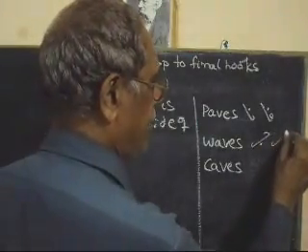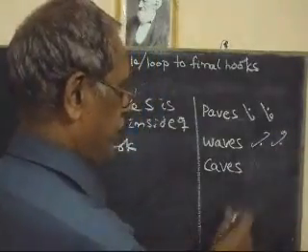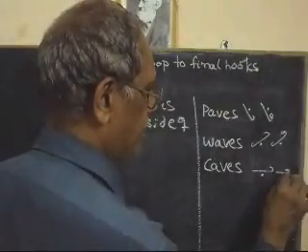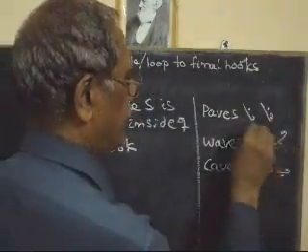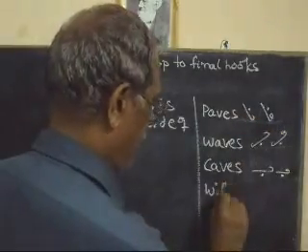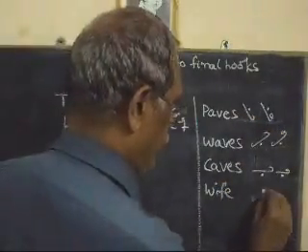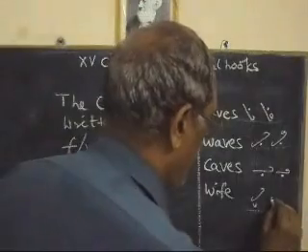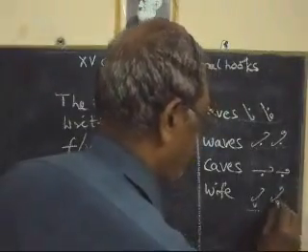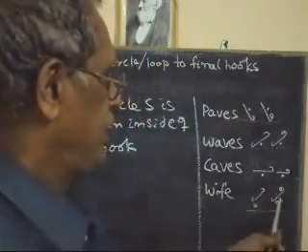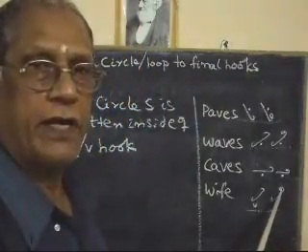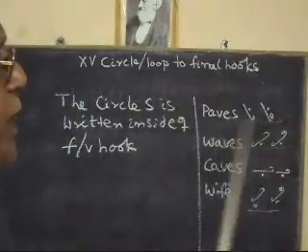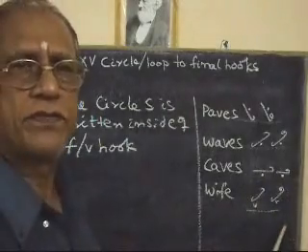Cave, this is cave. Caves. Wife, wives. Circle can be written inside the F or V hook. Examples: caves, waves, wives, like that.